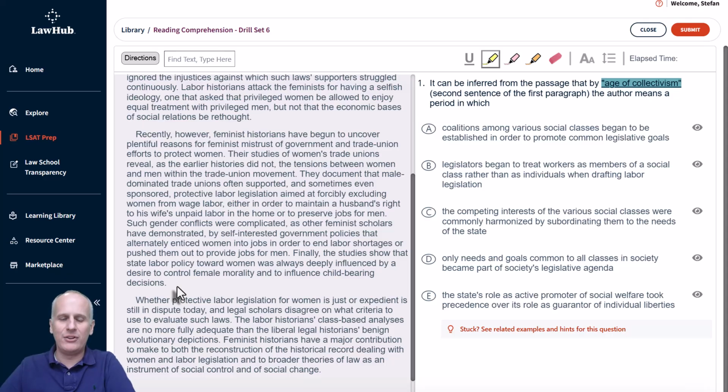They document that male-dominated trade unions often supported and sometimes even sponsored protective labor legislation aimed at forcibly excluding women from wage labor, either in order to maintain a husband's right to his wife's unpaid labor in the home or to preserve jobs for men.